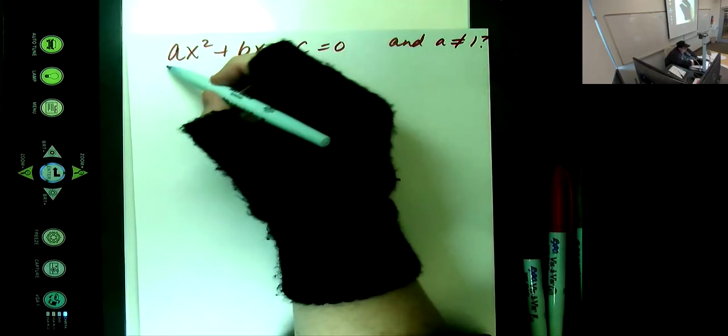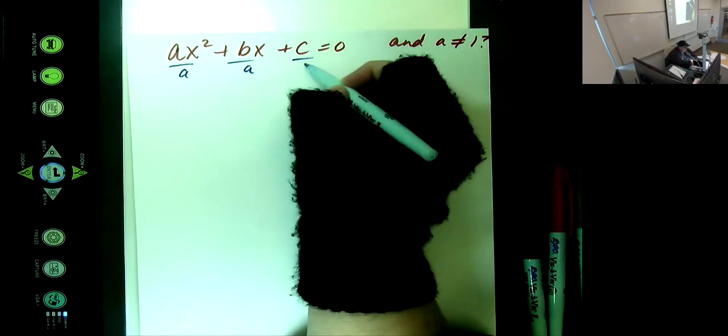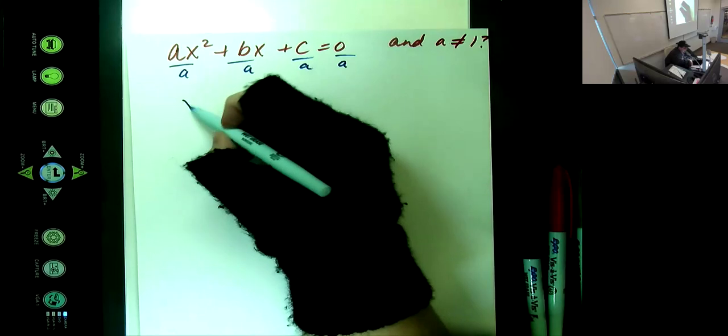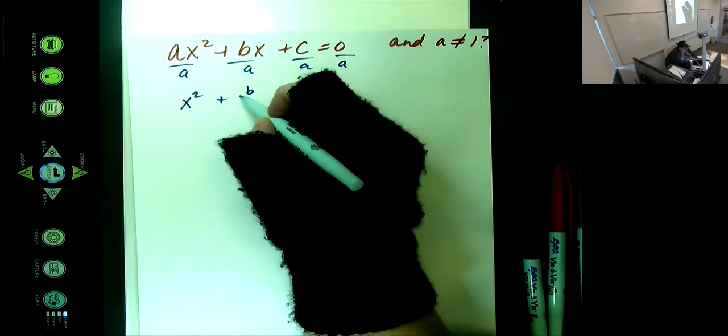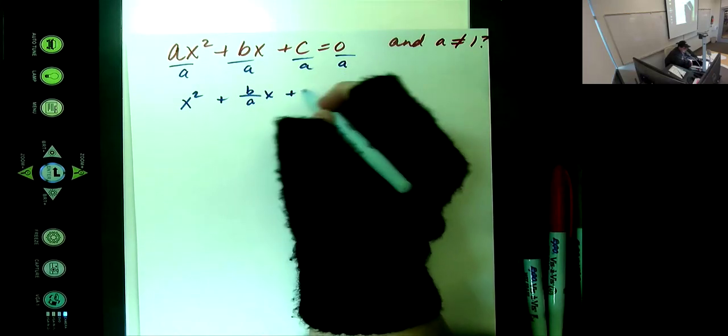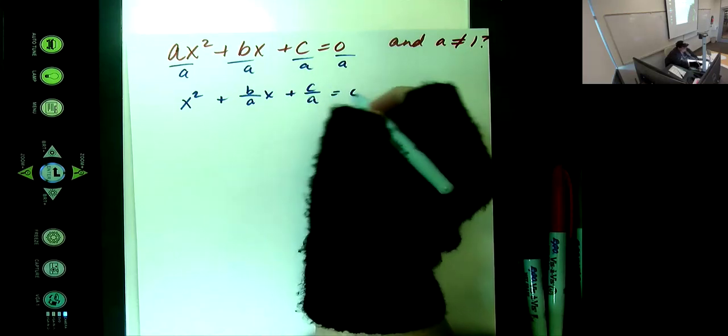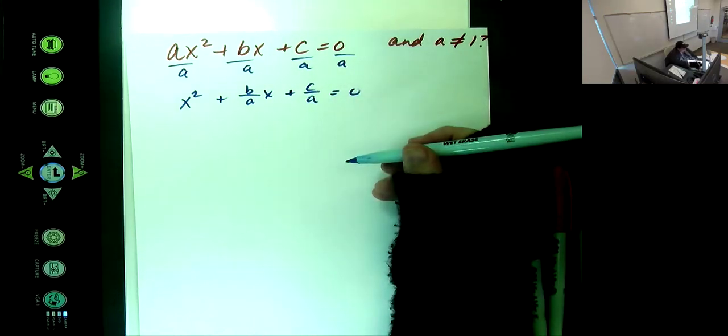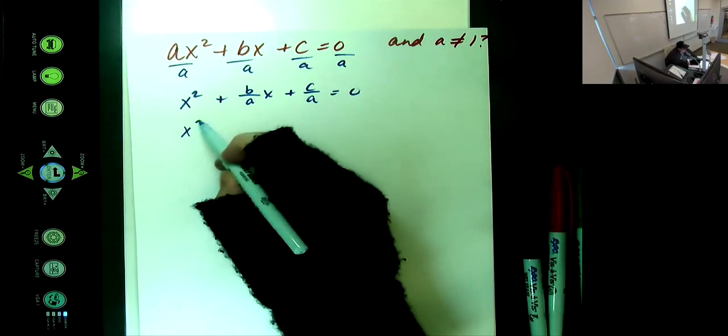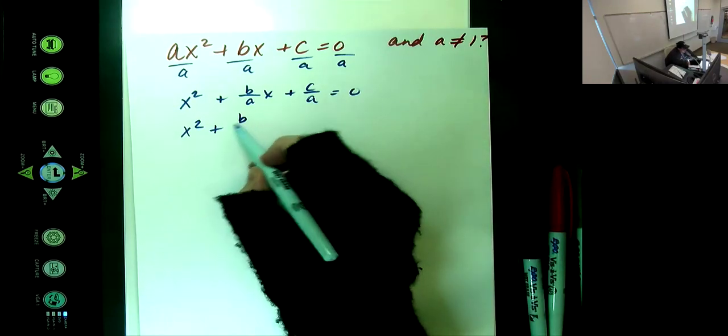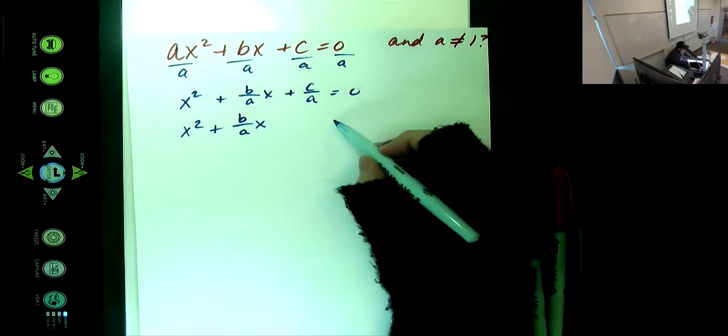Divide by a, right? So I get x squared plus b over a x plus c over a equals 0. Then we'd move that c over a over, subtract it over.